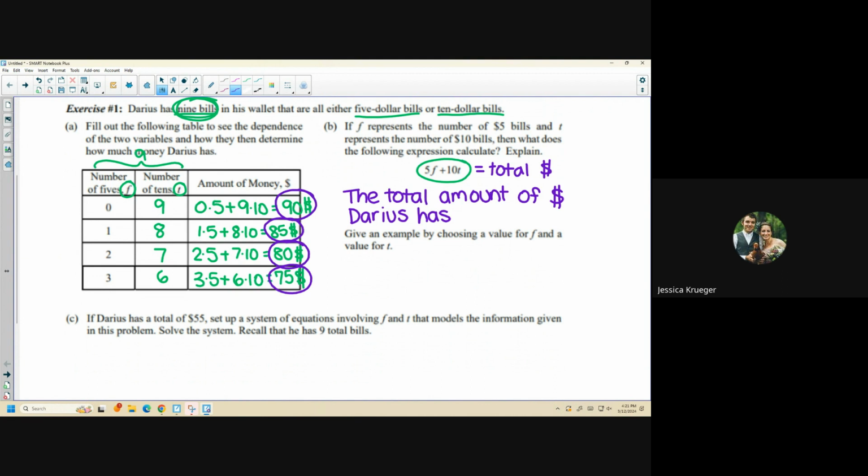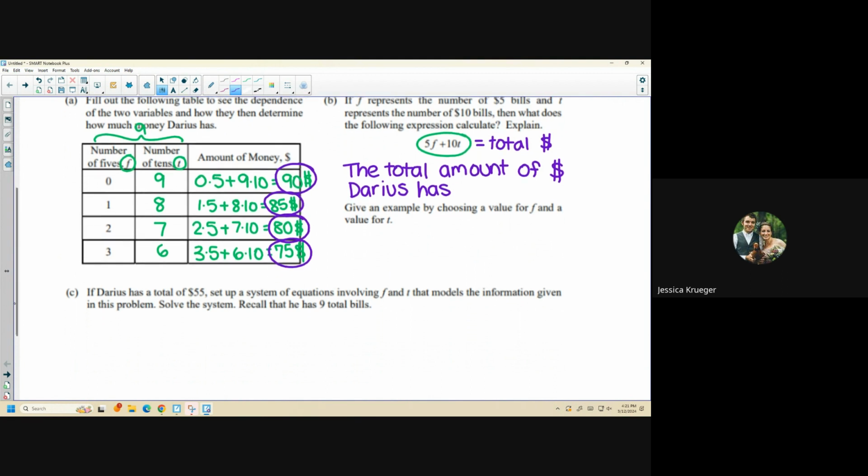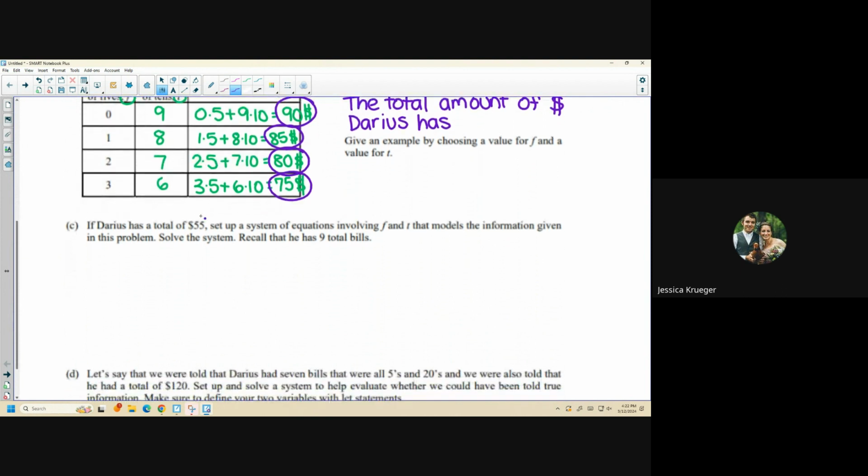Part C. If Darius has a total of $55, set up a system of equations. Okay, so same scenario. He's got 5s and 10s. He has 9 bills total. So I have two totals that I have to deal with.